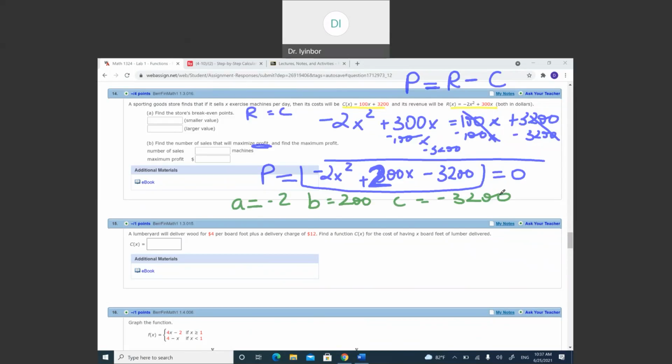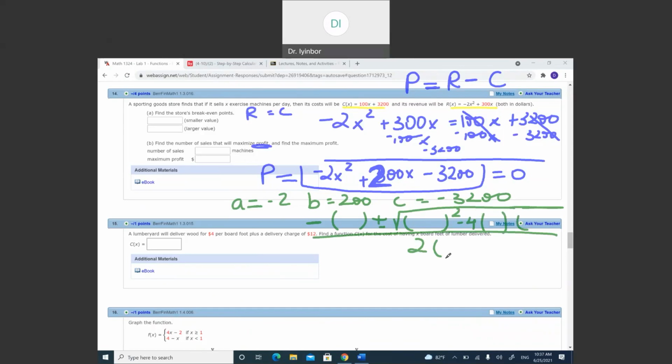So I have negative B plus or minus the square root of B squared minus 4AC, everything over 2A. And then I'm going to put the numbers.